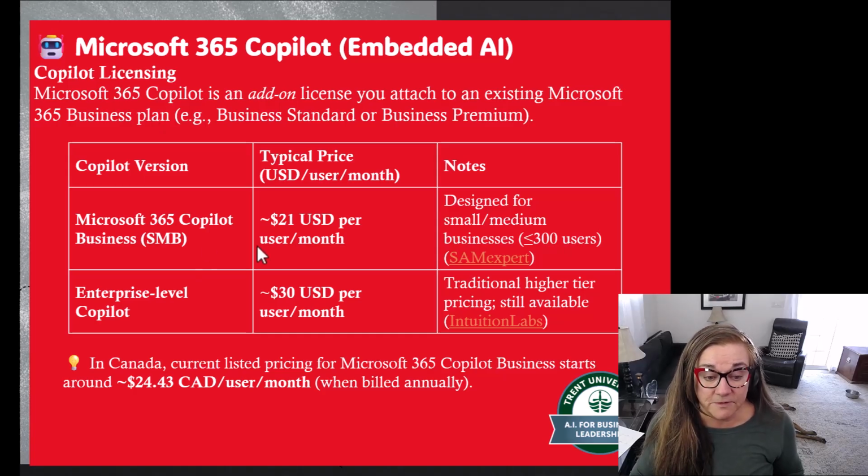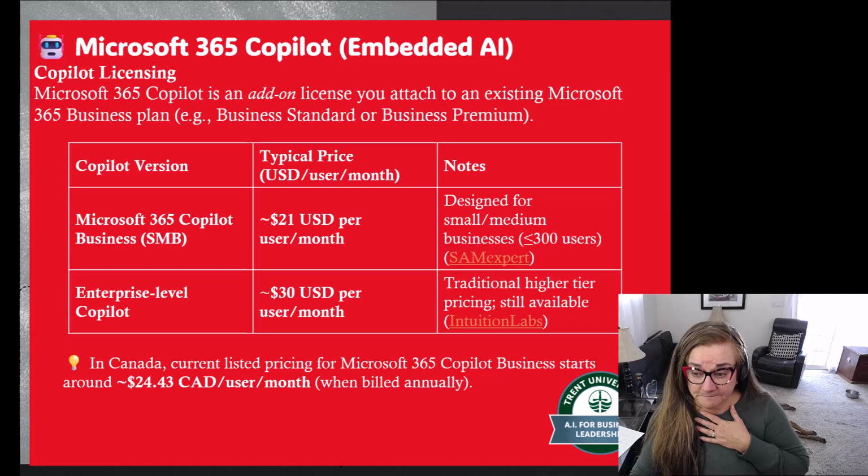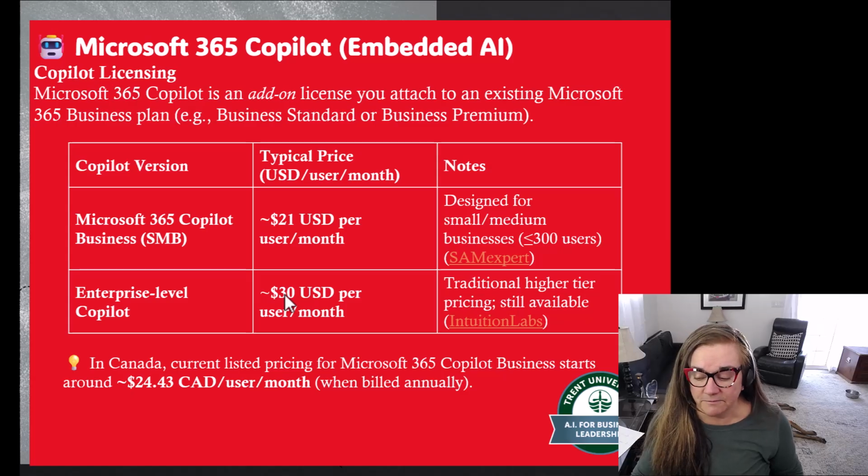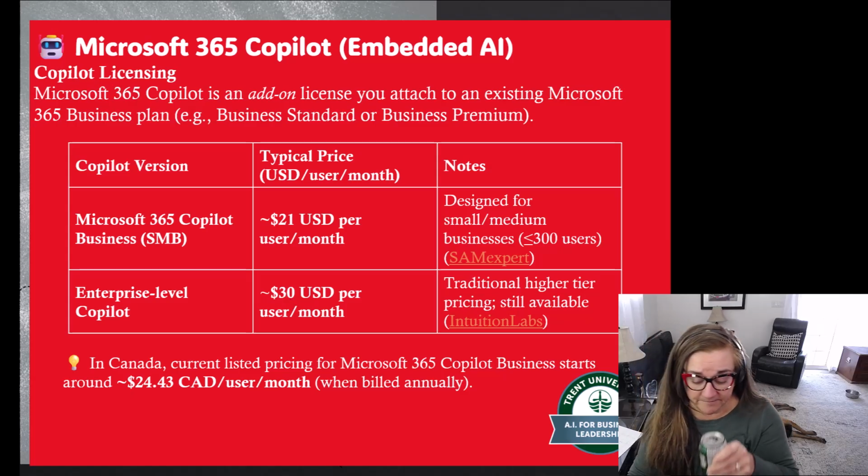So Microsoft 365, I believe, is around, this isn't the right conversion, but say $20 US per person, if that's what you have. And the Microsoft Enterprise version, if you're a larger company, is around $30 US per person. So that adds up when you have hundreds or thousands of employees. You've got to multiply that amount by the number of employees, every month, right? So that's why businesses really think twice.